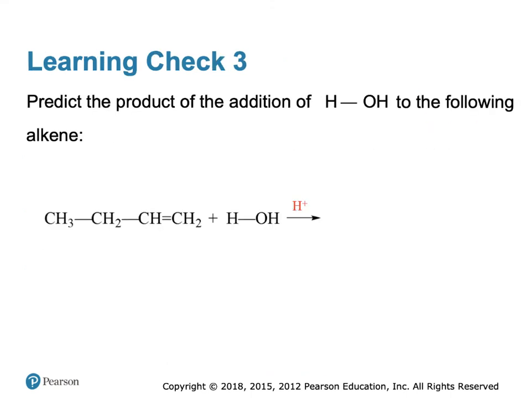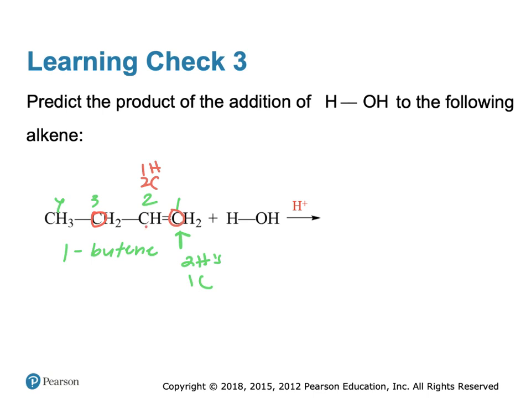So here we have to predict the product of the addition of water to the following alkene. Here we have 1-butene. 1, 2, 3, 4. If we look, carbon 1 has 2 hydrogens attached to it and 1 carbon. If we now look at carbon 2, we can see carbon 2 has 1 hydrogen attached to it and 2 carbons that are directly attached to it.